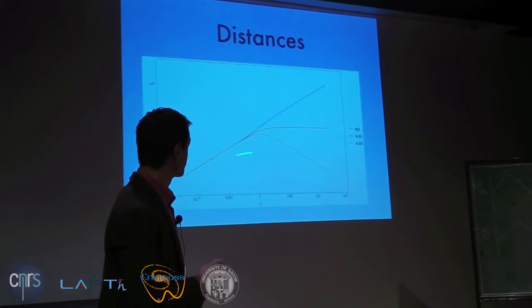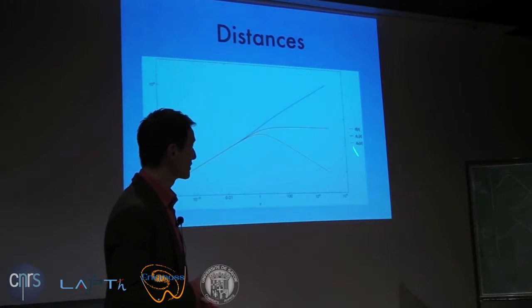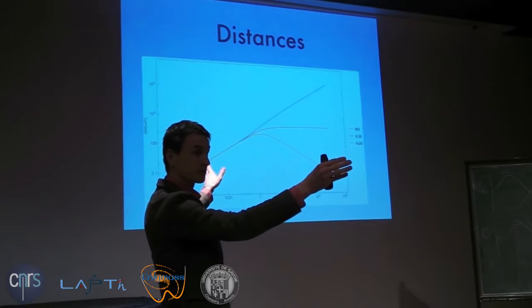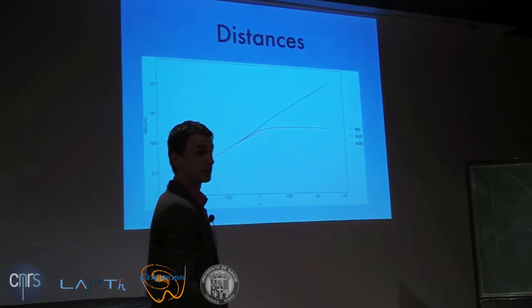Related to the angular diameter distance is the luminosity distance, which is the angular diameter distance times (1 plus redshift) squared. Because it also measures the rate at which an object will stretch on our sky through the intensity of light that we receive from it.